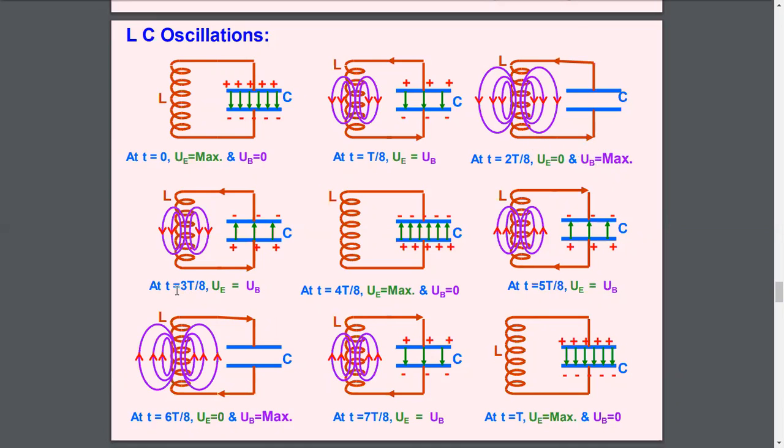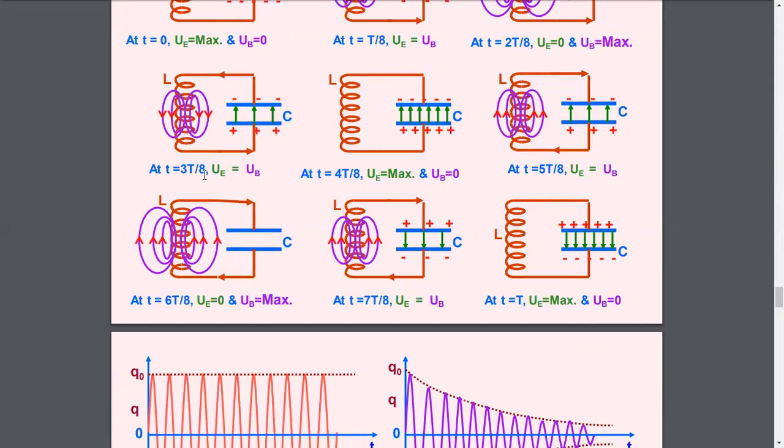Now at time 3T by 8, again the electrical energy and magnetic energy become equal to one another. And at 4T by 8, that is T by 2, after half a cycle, the electrical energy again becomes maximum and the magnetic energy becomes minimum.